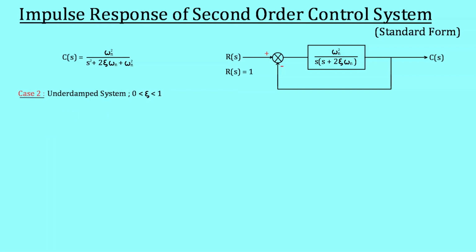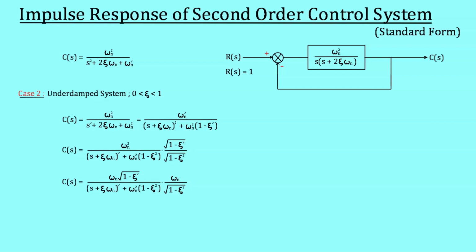The second case is when the system is an underdamped system. The first step is actually the most important step in the process of converting a signal from frequency domain to time domain, which is the rearrangement of the denominator. After that, we will multiply and divide by under root 1 minus zeta square in numerator and denominator.